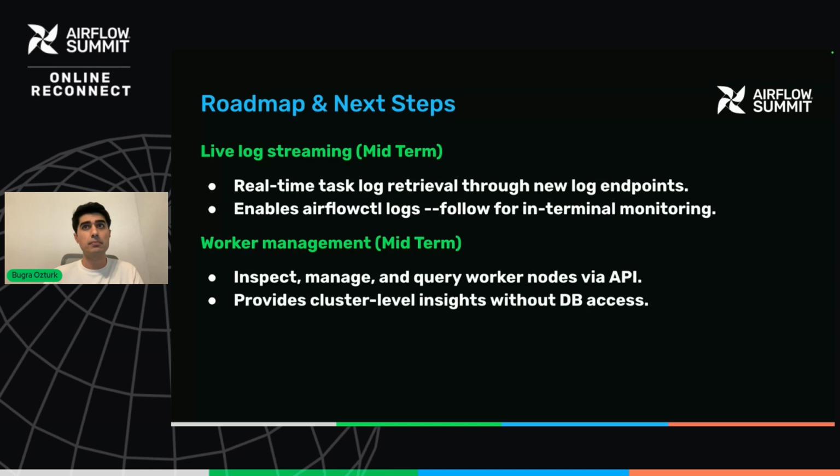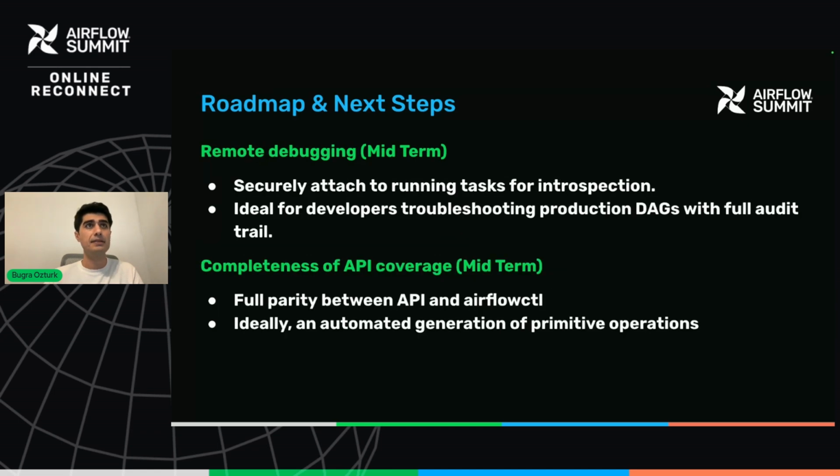And we will try to provide more insights. We will hopefully have remote debugging. Let's say you will securely attach to a task and inspect it, which will be ideal for developers. Let's say you are running a DAG from the UI. This will also be available for debugging, to see the logs, etc., from the Airflow CTL.